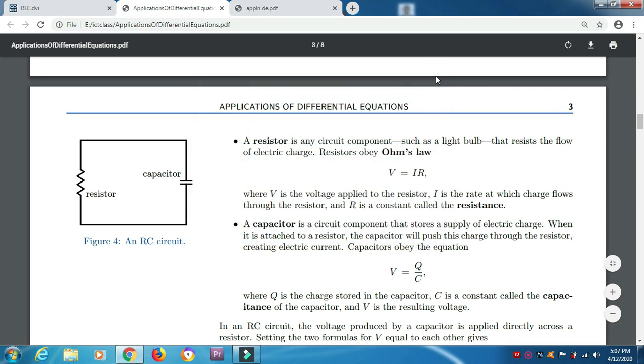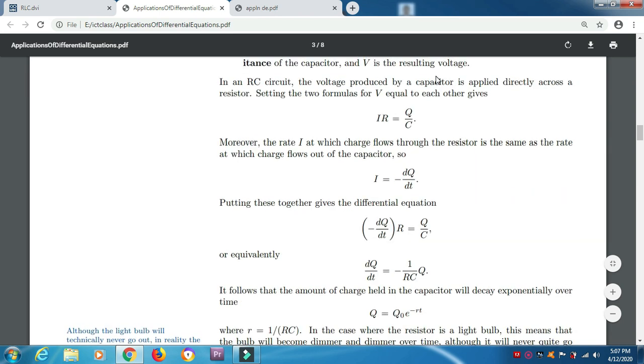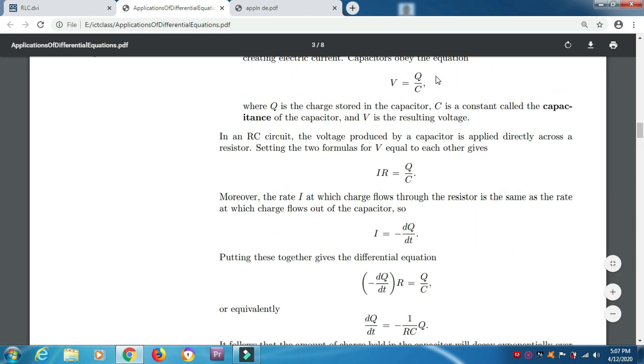First we equate these two equations, the resistance equation and the capacitor equation. We have IR equal to Q by C, but we can substitute the value of I as minus dQ by dt, because the rate I at which the charge flows through the resistor is the same as the rate at which charge flows out of the capacitor.